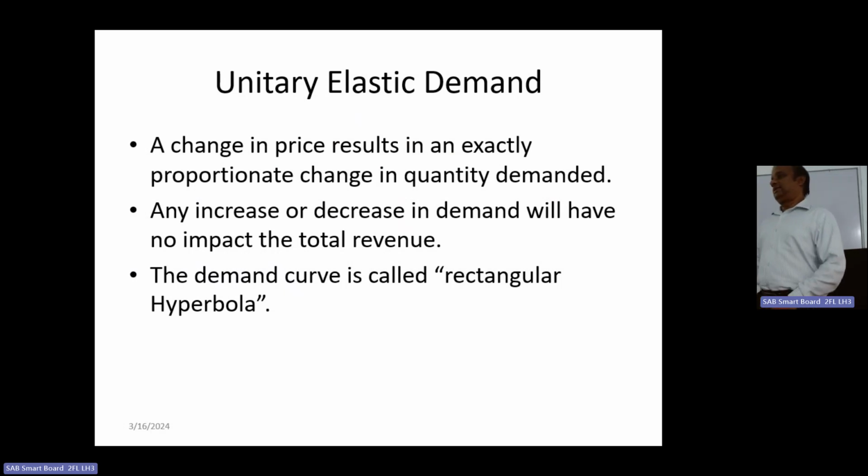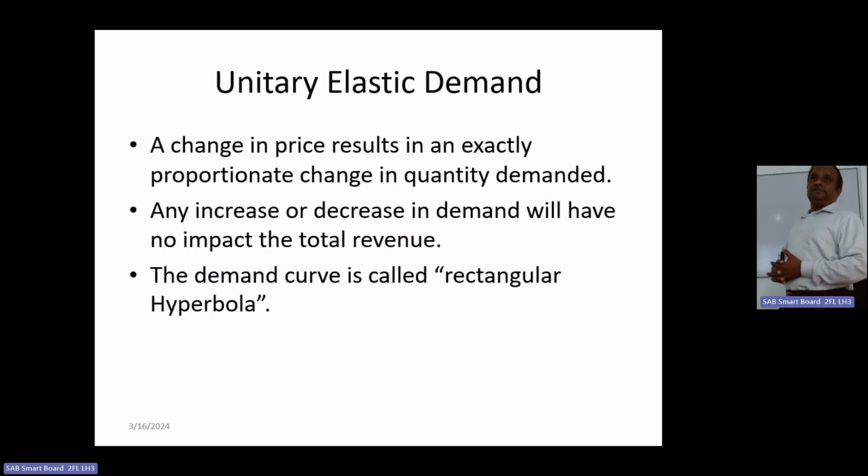That means the percentage change in price and the percentage change in quantity are the same, so an equal proportionate change is seen between the price and the quantity demanded.